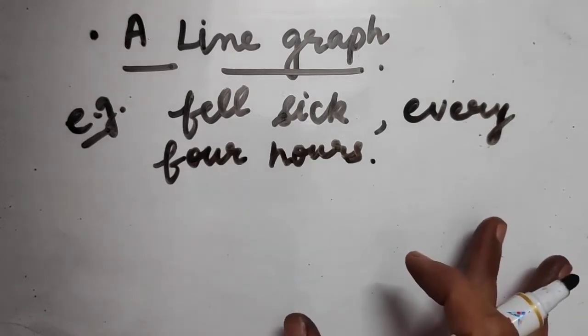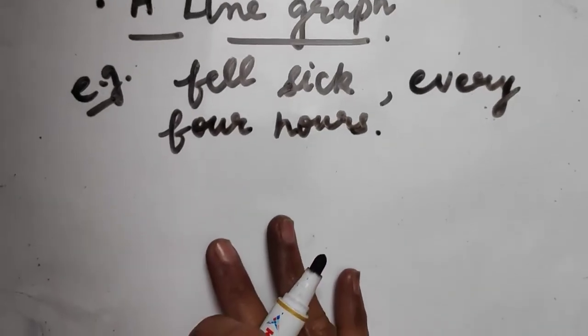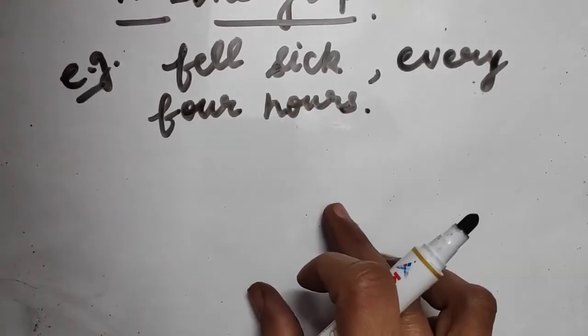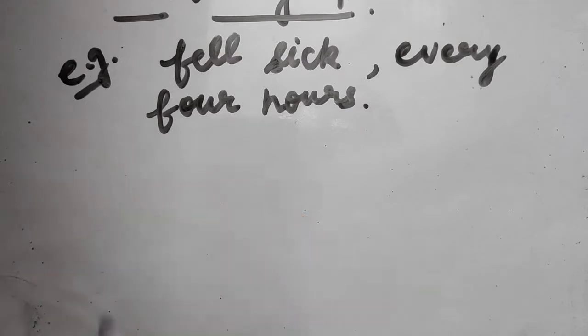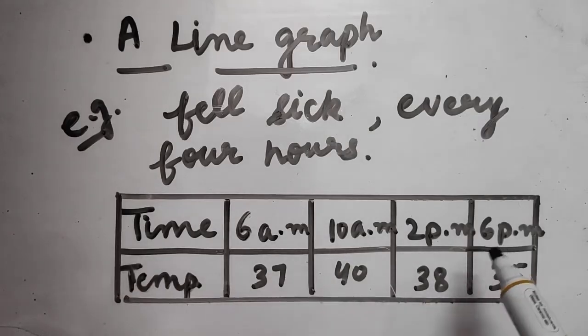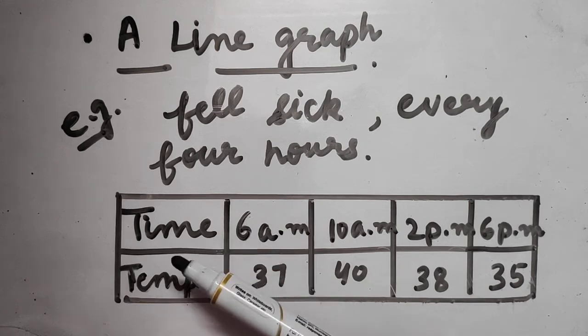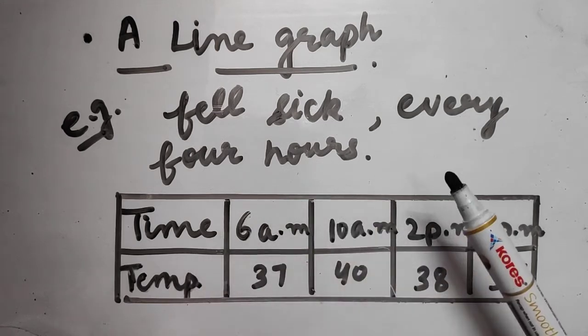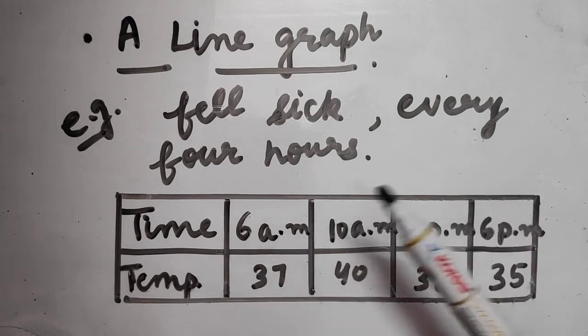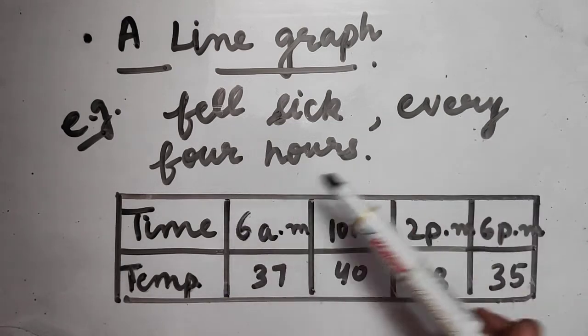I am making a table for this example. It is basically a pictorial representation of the data which I am going to show in the tabular format. So this is the data in the tabular format. The doctor is maintaining the record of her body temperature after every 4 hours.